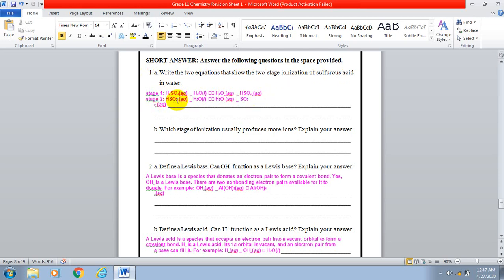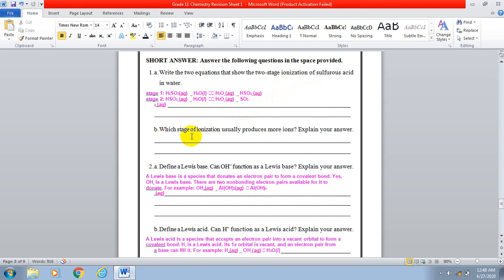Stage 2: HSO3 minus plus H2O liquid yields H3O plus and SO3 2 minus. The first answer.